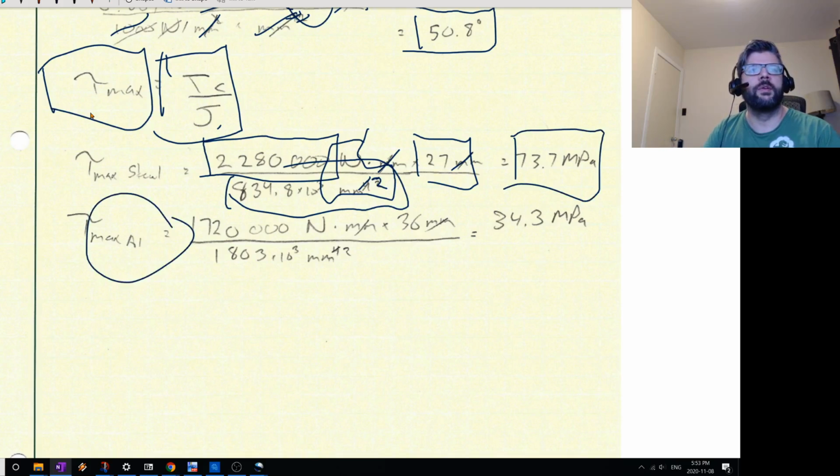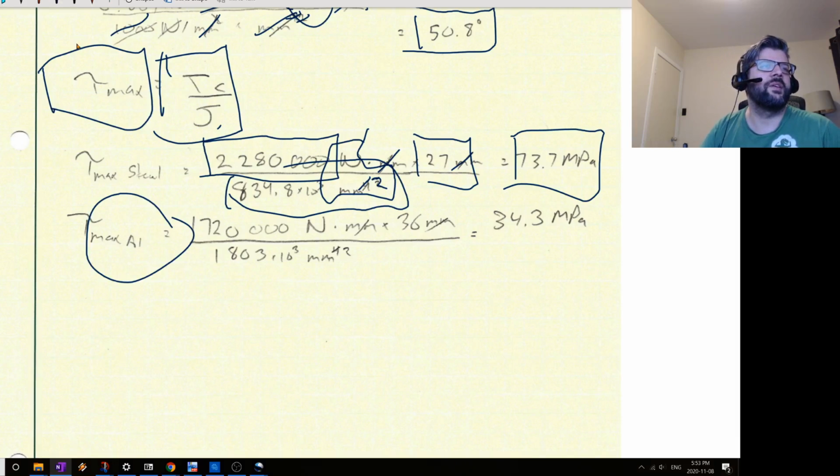Same deal with our aluminum. Just multiplying everything together: 1,720 newton millimeters times 36 millimeters divided by 1,803 times 10 to the 3 millimeters to the 4th.